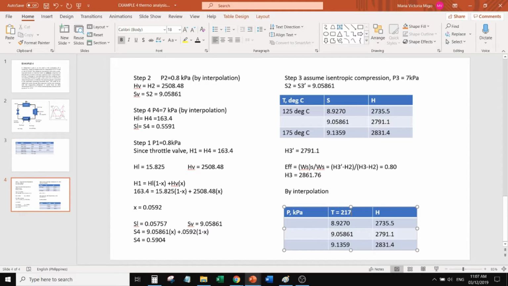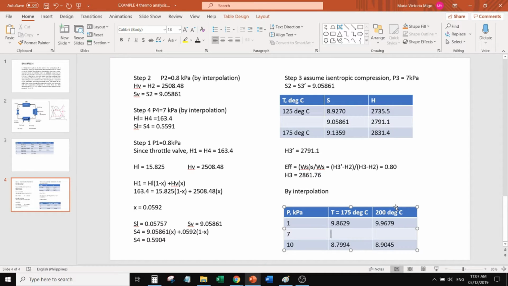Temperature 175 degrees Celsius, and this temperature here is 200 degrees Celsius. Okay. So 110. So these are the given values in the steam table. 8.7994, 8.9045. So you have to interpolate twice again.